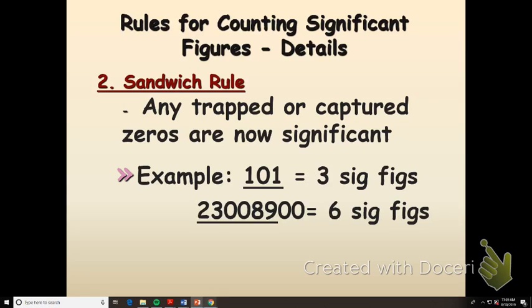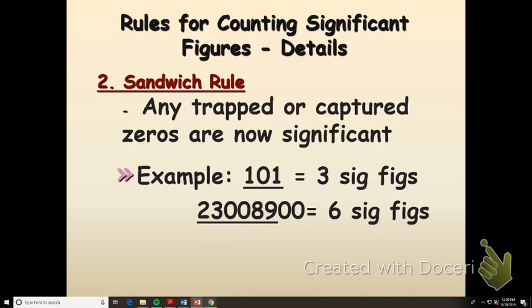So like how in 101, the 0 is in between 2 ones, so there's 3 significant figures. On the second example, only the 2 middle zeros are significant, while these last 2 are not. So those are not significant, so that's why it's 6, because they're not trapped or anything.